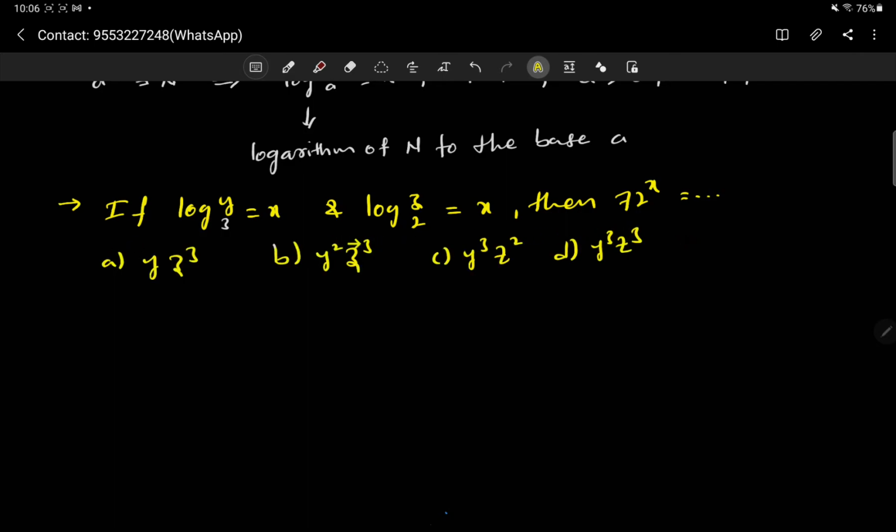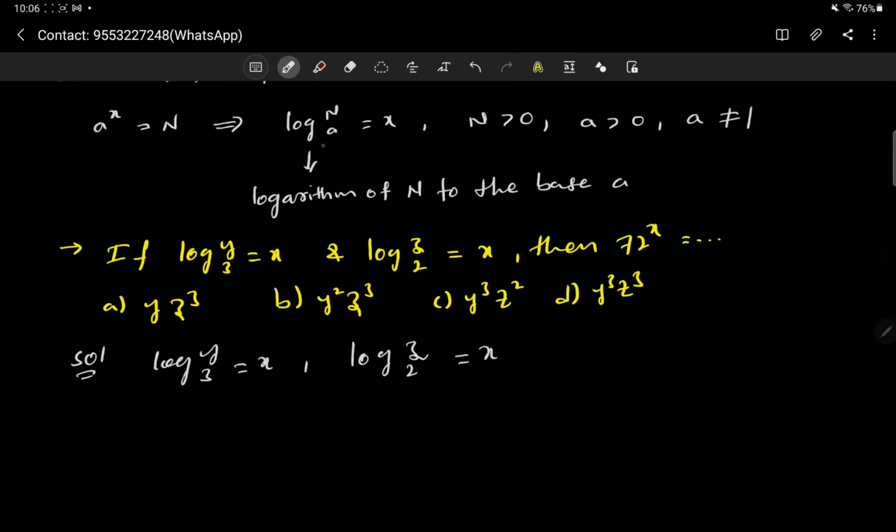Now we are going to solve it. Anyway, the given equations we are writing. First one is log y base 3 is equal to x, and next one is log z base 2 is equal to x.